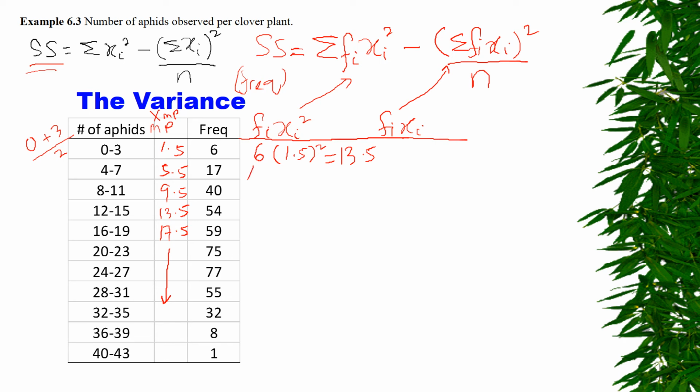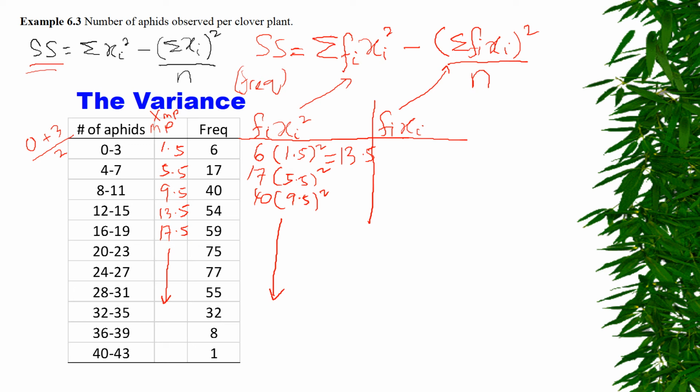This is 17, so 5.5 squared, then 9.5 squared, and so on and so forth. Try to continue down here. So this will get the fixi squared, and then you get the summation of this.